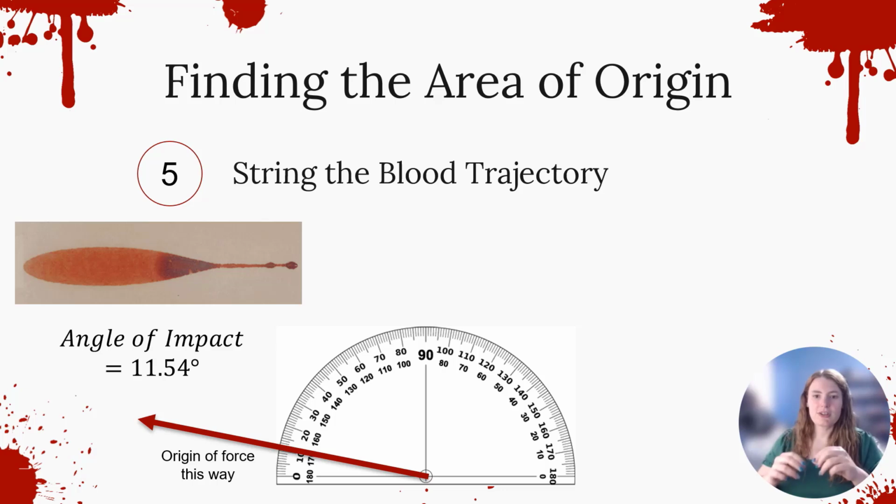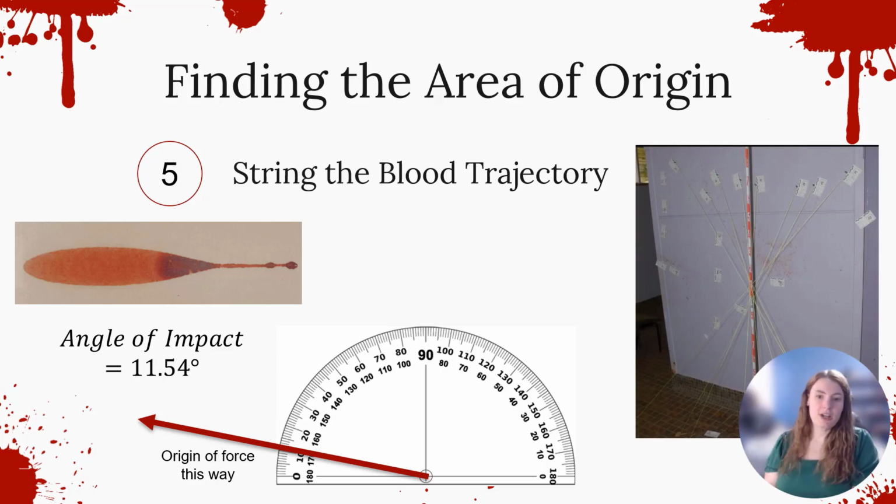You're going to pull the string away from the surface at the same angle as the angle of impact, and then attach to a second surface across the way from the original. And that surface can be whatever you want. It can be other walls, a ceiling, it can even be other furniture like floor lamps and coat hangers to tape the string.